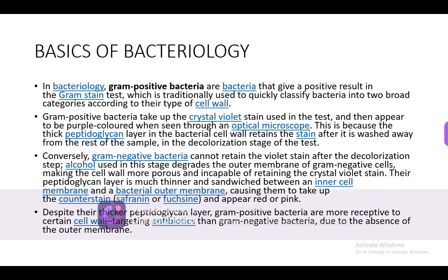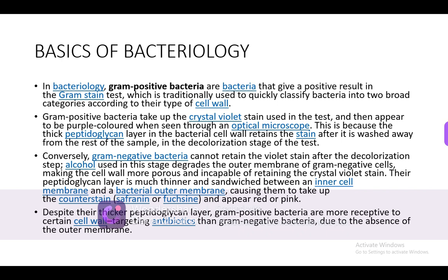This is because the thick peptidoglycan layer in the bacterial wall retains the stain after it is washed away from the rest of the sample in the decolorization stage of the test. First you stain it, dip it, and then you wash it after fixation.